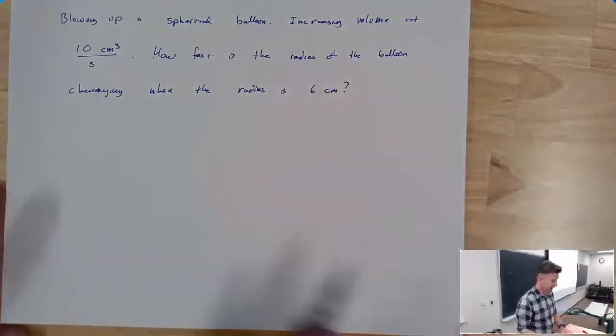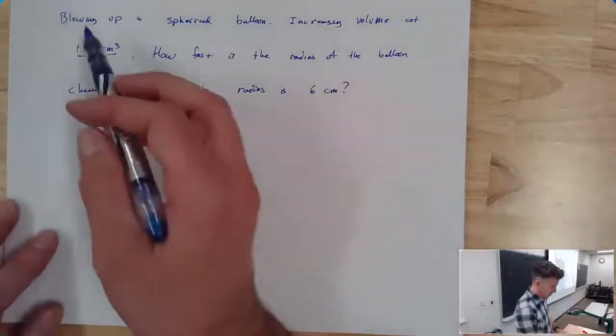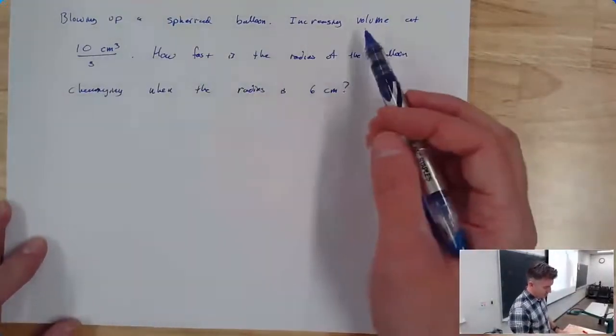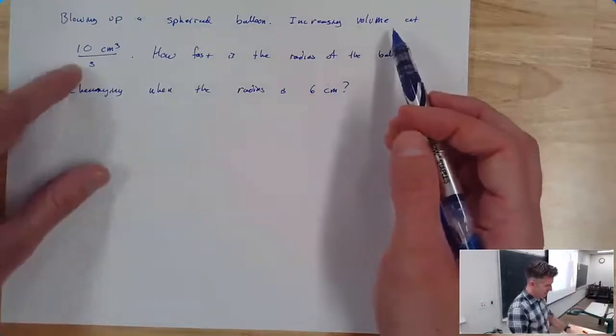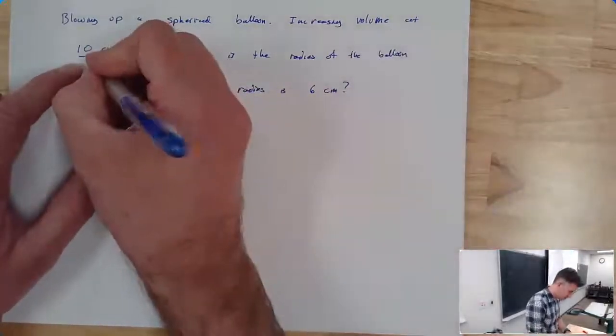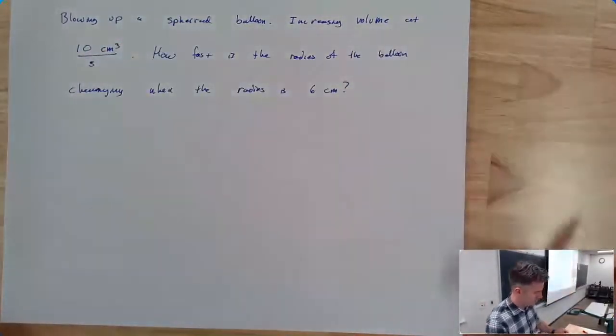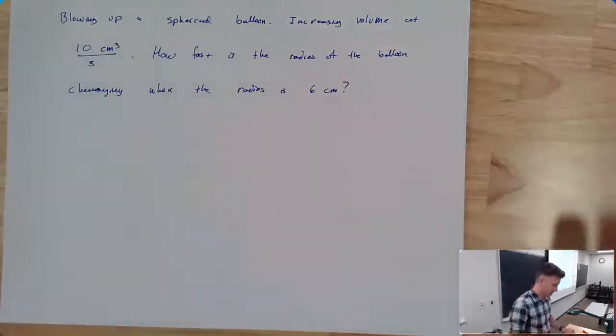I can read it again for sure. So it says, we're blowing up a spherical balloon. The volume is increasing at 10 cubic centimeters per second. And we want to know how fast is the radius of the balloon changing when the radius is 6 centimeters.